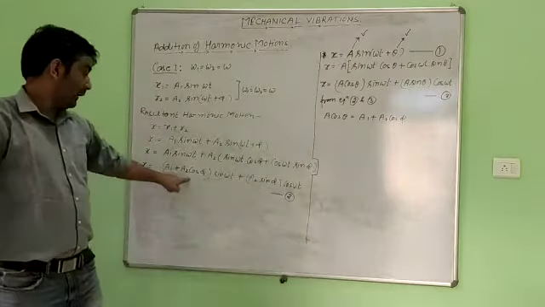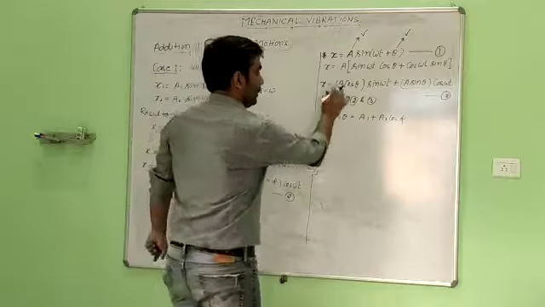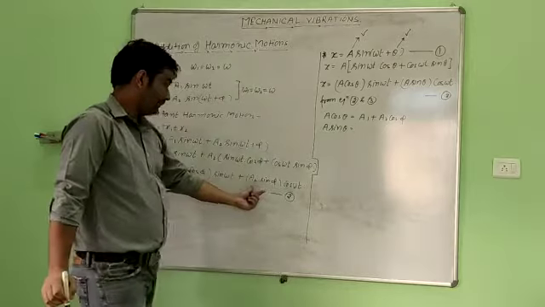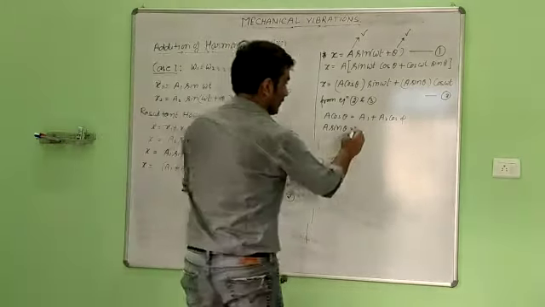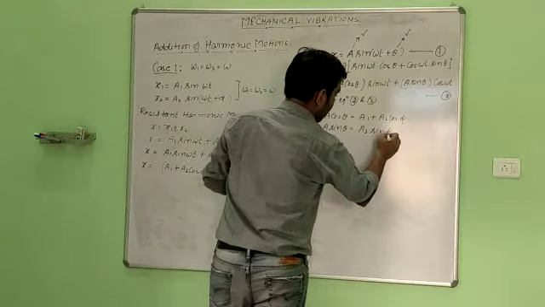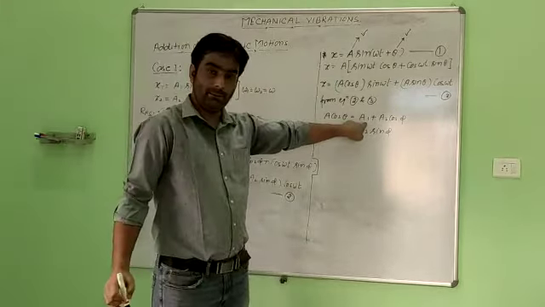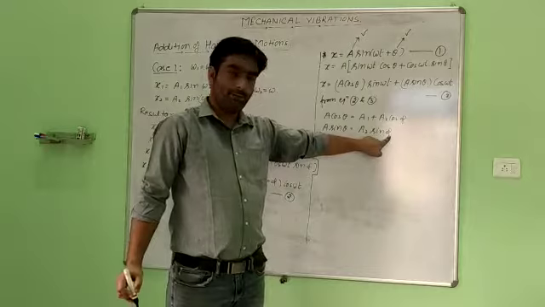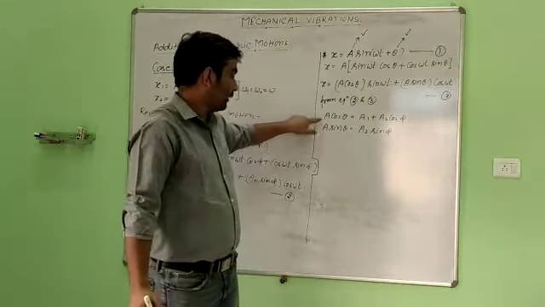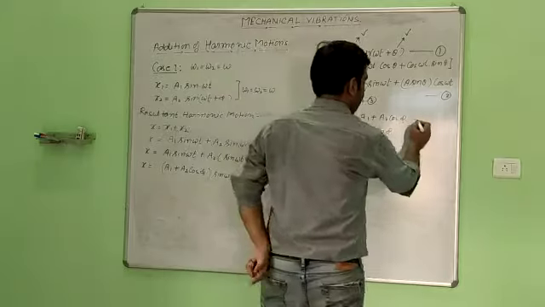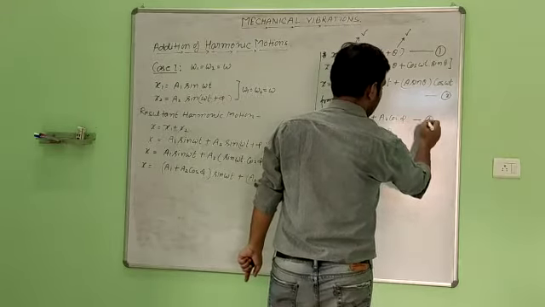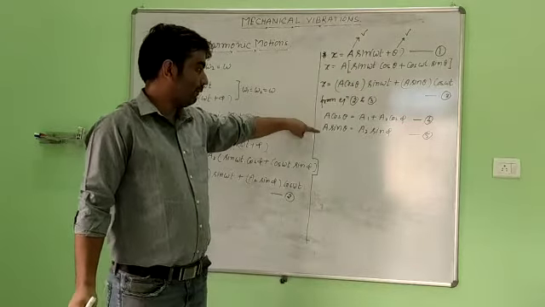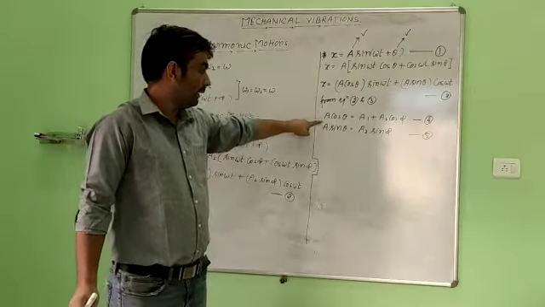The coefficient of cos omega t is a sin theta here, and a2 sin phi there. a1, a2 and phi we have from the basic equation. So the unknowns are a and theta. These are equation numbers 4 and 5. Now we are going to solve equations 4 and 5 to calculate the values of a and theta.